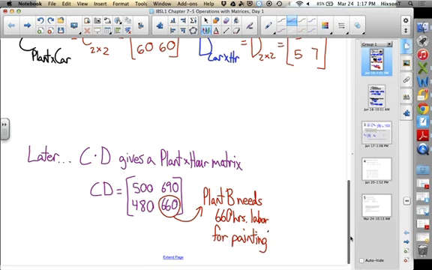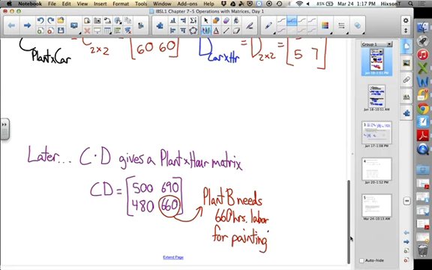Alright, so you divide that by 40, what do you get, like 16 and a half? So we're going to need 16 or 17 painters in order to have enough hours to actually produce the number of cars we want. Does that make sense? Yeah.